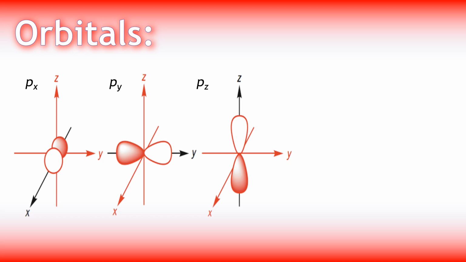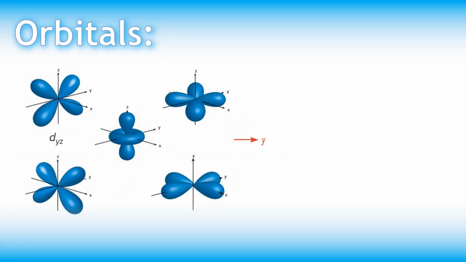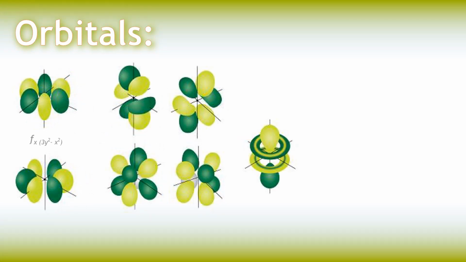We have 3 possibilities on different axes, X, Y, and Z. At the next energy level, we have paired axes. And so instead of a dumbbell shape, we've got double dumbbells based upon two groups of axes. At a higher level, we start getting even weirder and more exotic shapes. Notice that the yellow and green shapes don't actually touch.